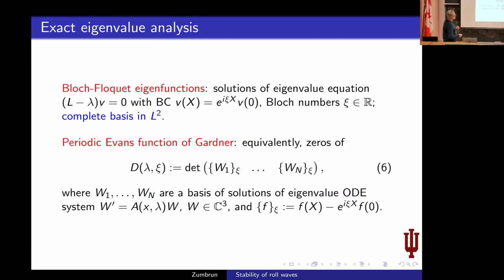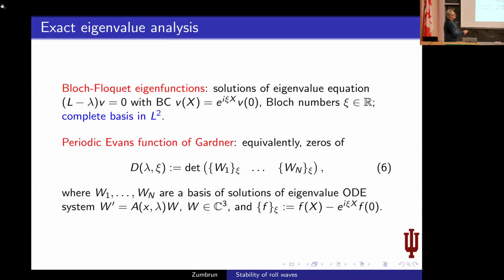It turns out you can diagonalize periodic coefficients by looking at functions which have a twisted periodic boundary condition. Here Xi is real, so e to the i Xi x, where x goes from 0 to X, the wavelength, capital X. So this is a complex number of modulus 1. It's not exactly periodic, but it's moving around.